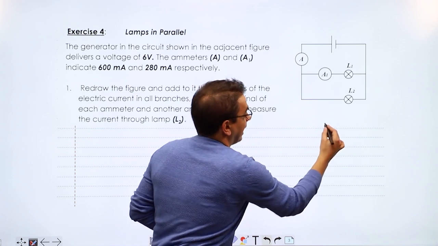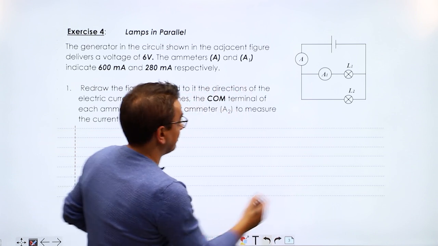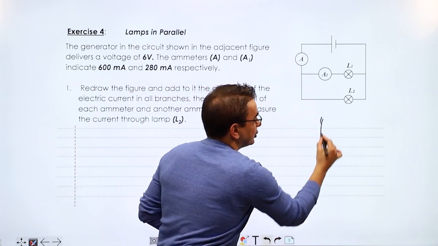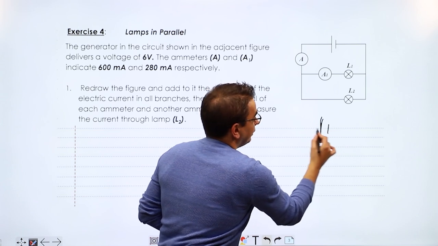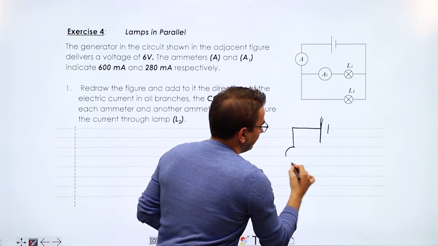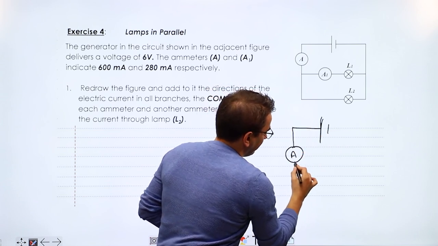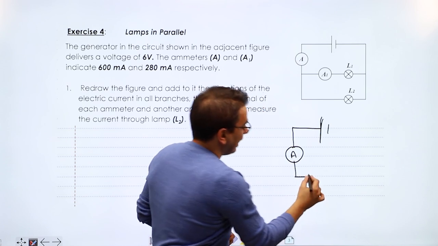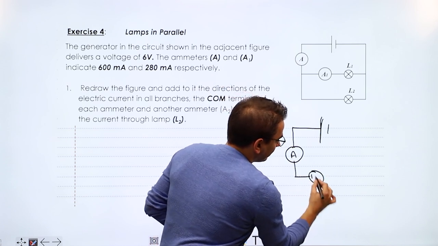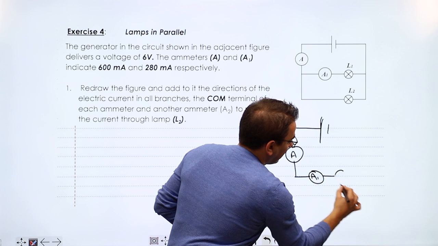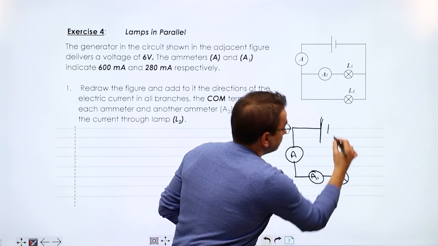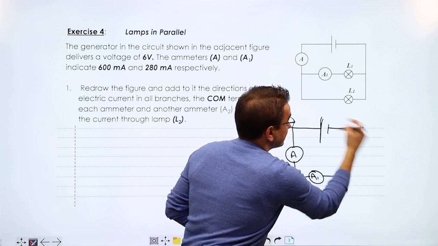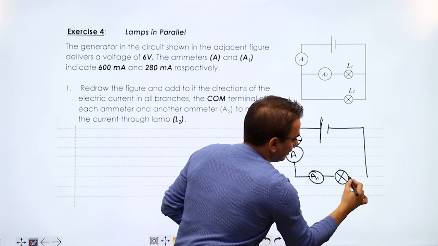So we have a lamp, choosing my pen, okay. So we have the generator first. Connected to it is an ammeter, A. Then here we have ammeter A1, and the lamp as well. Okay, I need to fix this generator.